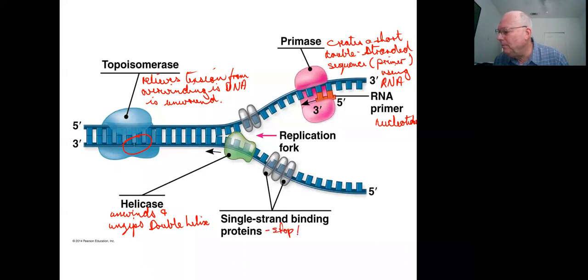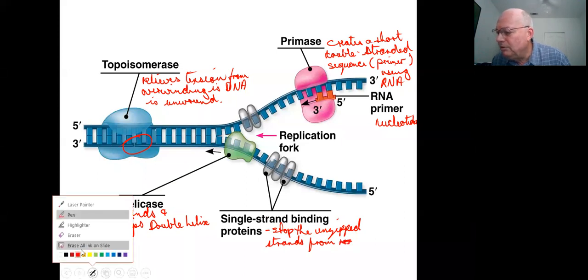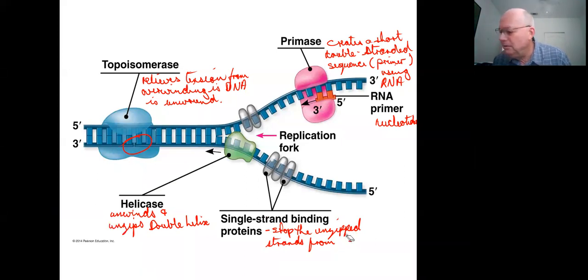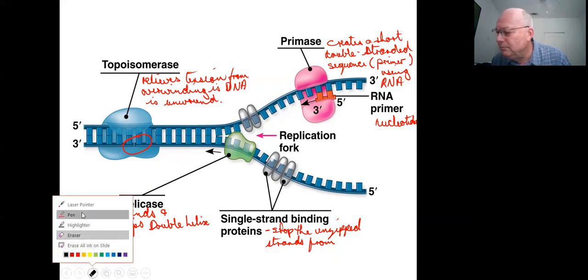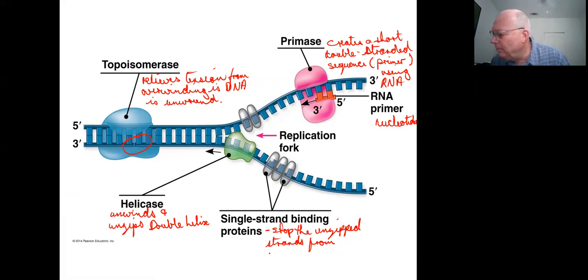But these stop the unzipped strands from rebinding, which they will do because of the fact that they're just held together by hydrogen bonds.